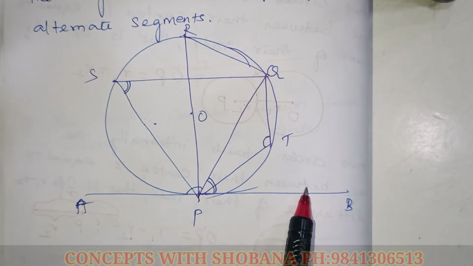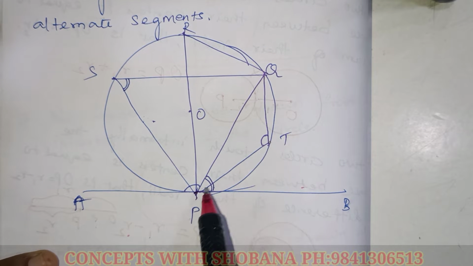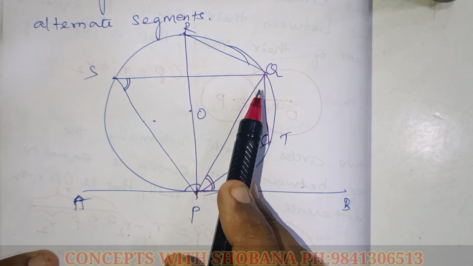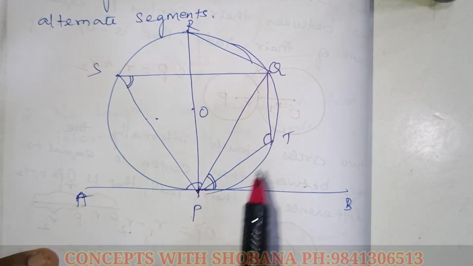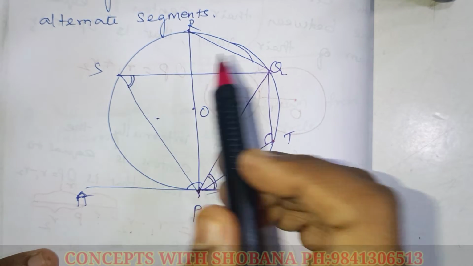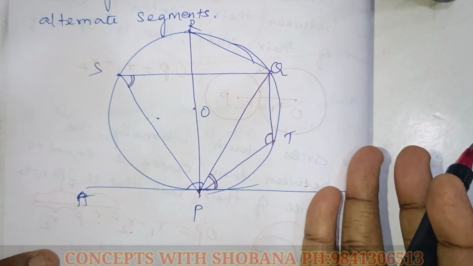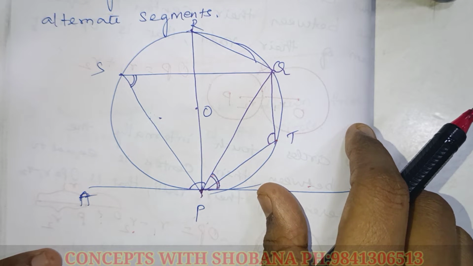If a line touches a circle and from the point of contact a chord is drawn, the angles between the tangent and the chord will be equal to the angles in the corresponding alternate segments. This angle will be equal to the angle formed over here, and this angle will be equal to the angle formed on the other side of the segment. This is what is called the alternate segment theorem.